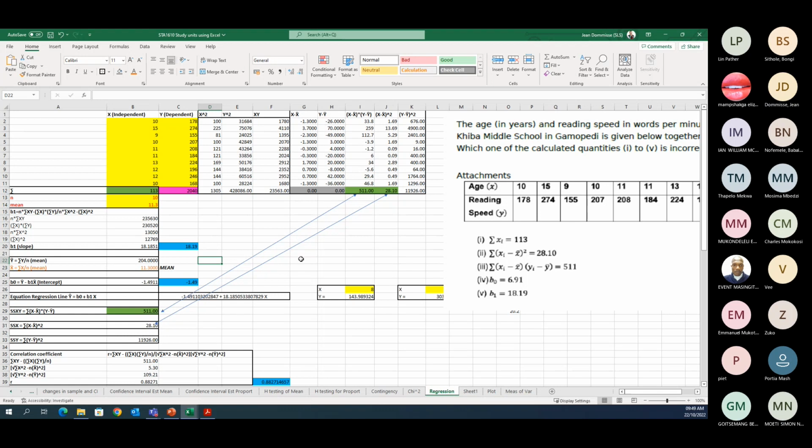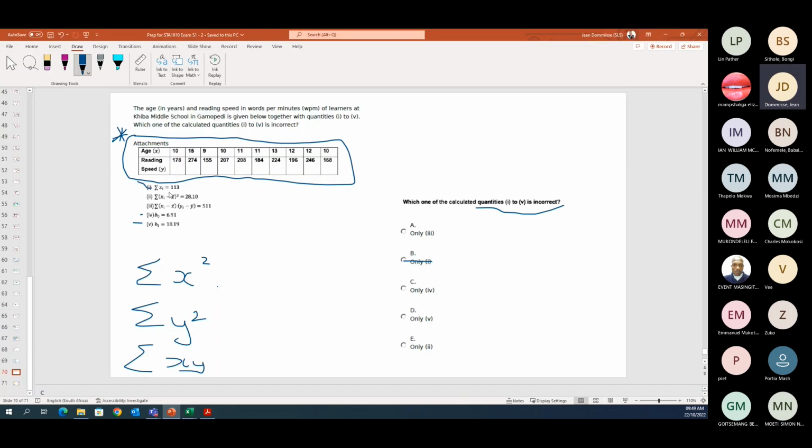So definitely x minus the mean to the power of 2, the sum of that is 28.1. So we know that the second one is correct, so it's not incorrect.